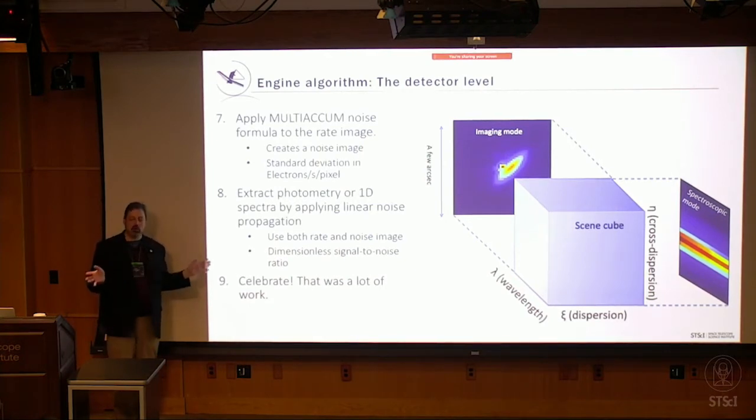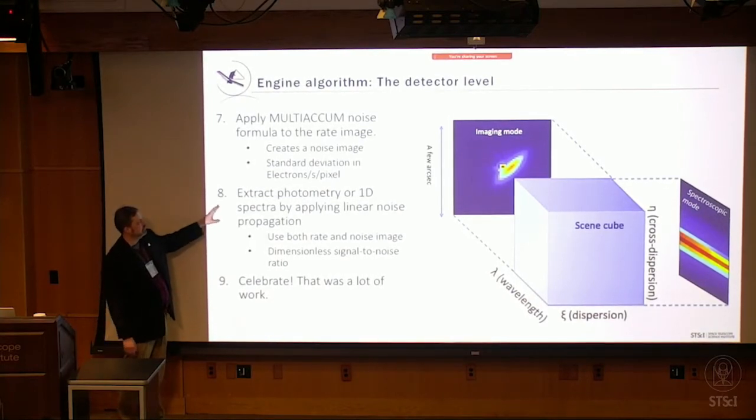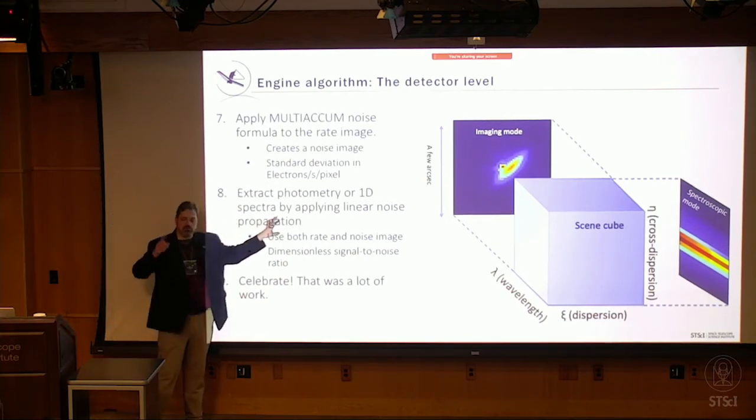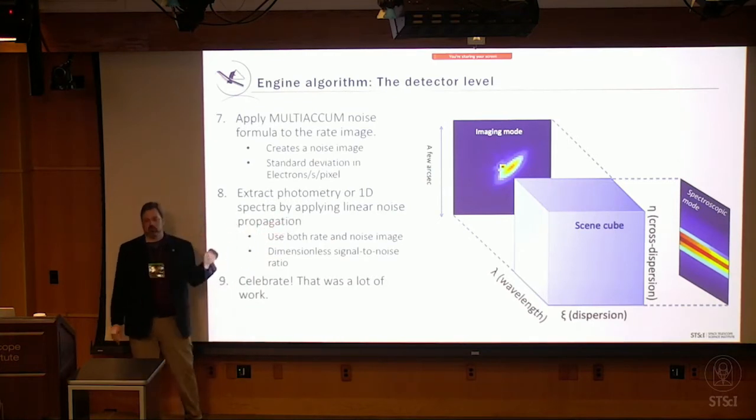Again, it's still not quite what you want. Most people will want aperture photometry. They're extracting photometry of a source, and they want to know the signal to noise of that source. Or you're extracting a spectrum as a function of wavelength, and you want to know the signal to noise on that extracted spectrum. And so the next step here, step 8, is to extract photometry and one-dimensional spectra. Basically you can do that because you have the signal to noise in every pixel, so you can apply linear noise propagation.